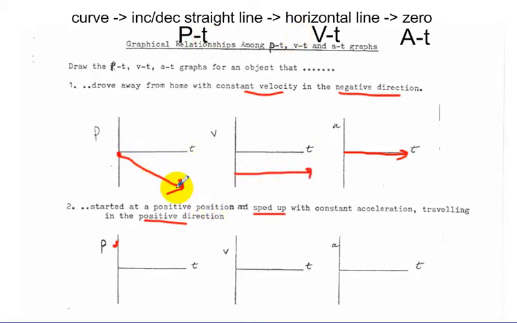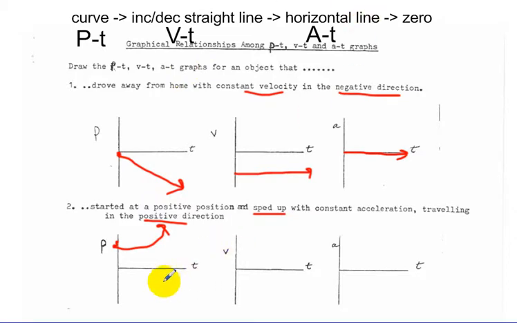A constant velocity would be a straight position time graph, but if we're speeding up or accelerating, that is going to be a curve. And since we're going in the positive direction, we're curving up. So our PT graph is a curve, which means our VT graph will be an increasing or decreasing straight line, and our acceleration is a constant line, because we are accelerating. It's not 0 acceleration, it's a constant acceleration.